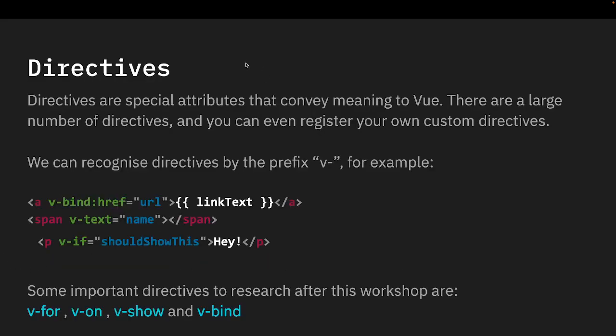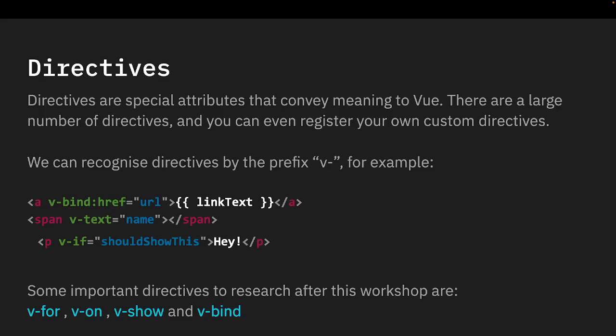Okay, so directives are another way we can do some spicy coding. We've looked at reactive data. So every time the data changes, the value of the text changes. That's pretty cool, but sometimes we need to go a bit farther.